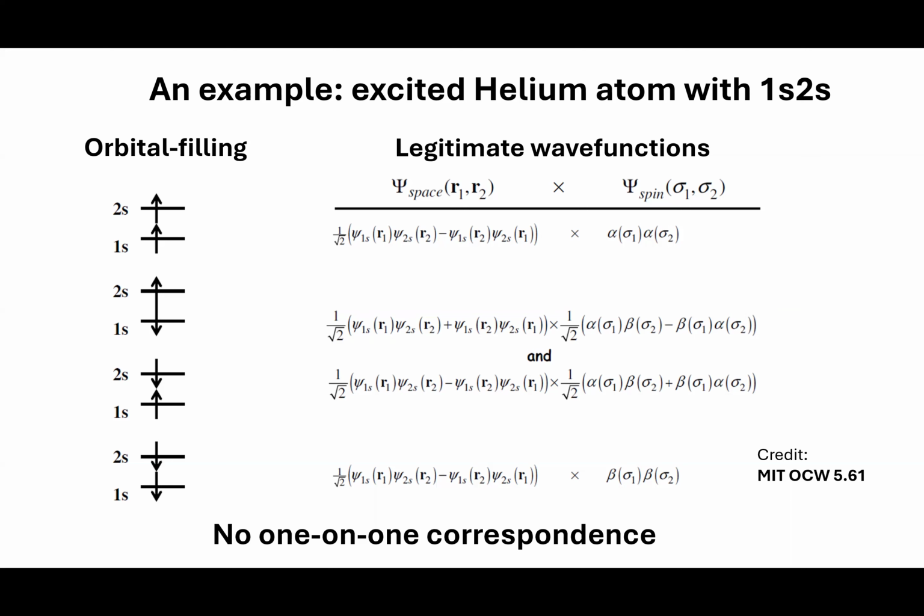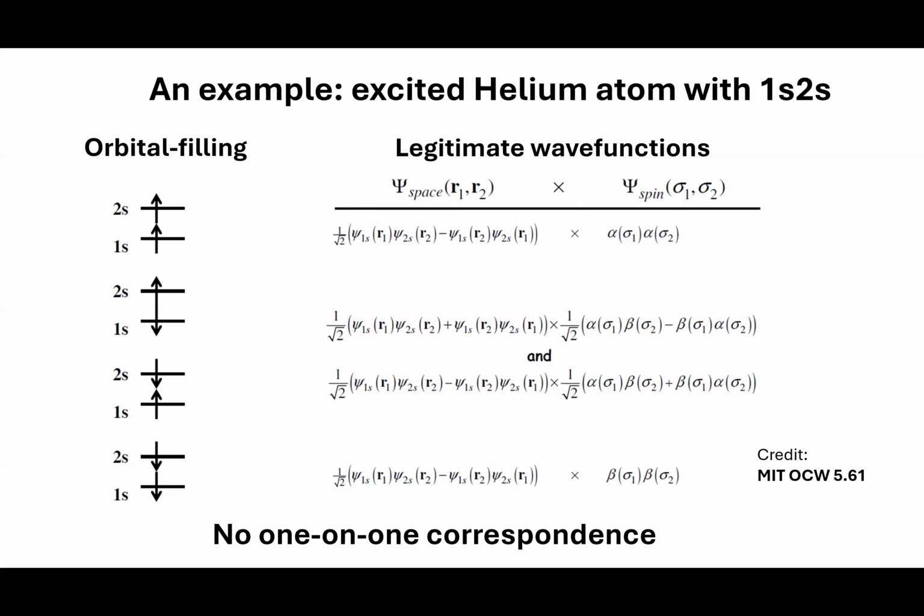And then you have psi 1s, psi 2s. Those are orbitals, the fundamental one-electron wave functions that we can use to construct these many-electron wave functions. The r1, r2 correspond to different electrons.